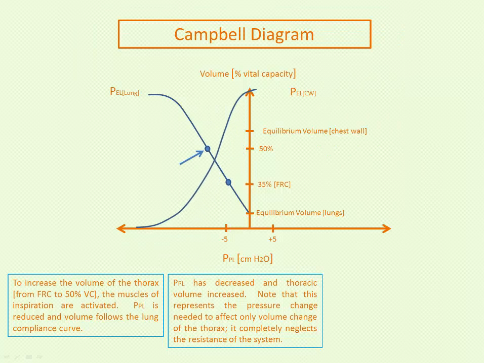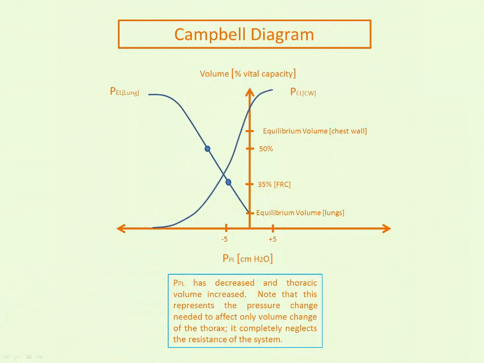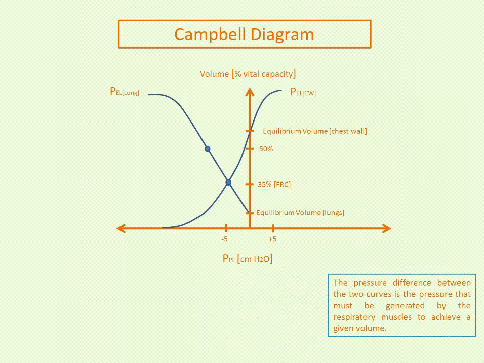The chest wall elastance curve changes as you're generating this breath, and where it meets the pulmonary elastance curve is your new end inspiratory volume. But for simplicity, the Campbell diagram maintains the passive elastance curve on the diagram as a static, non-changing entity.